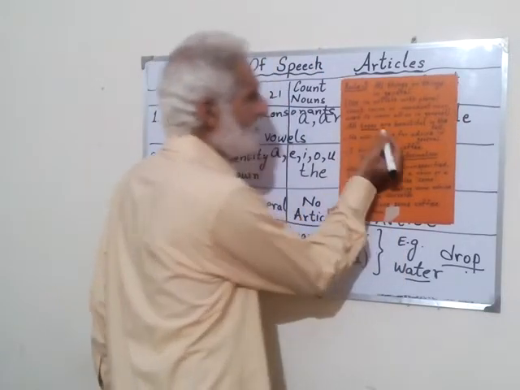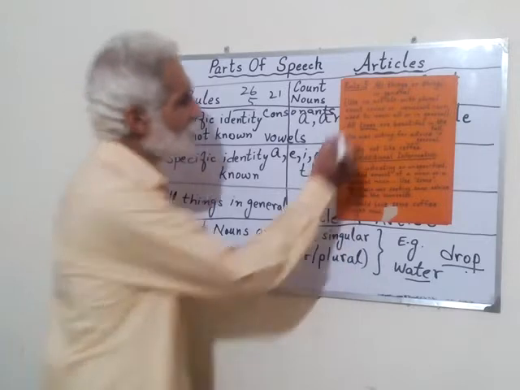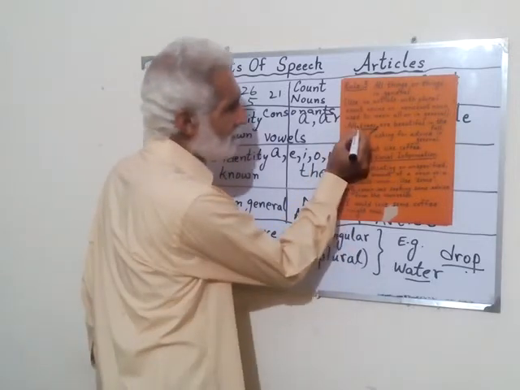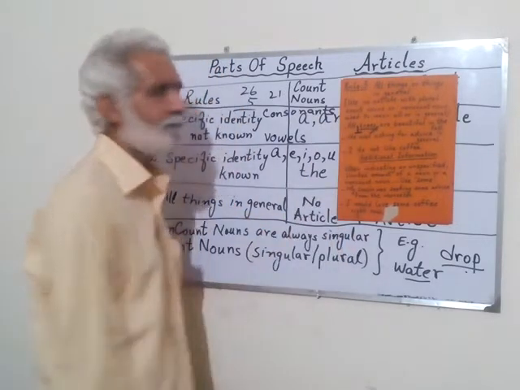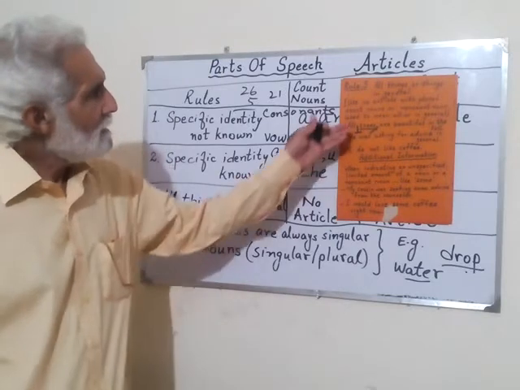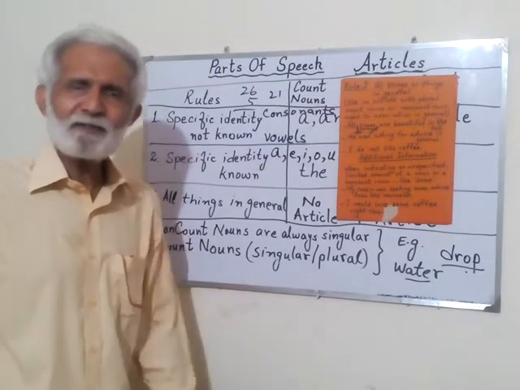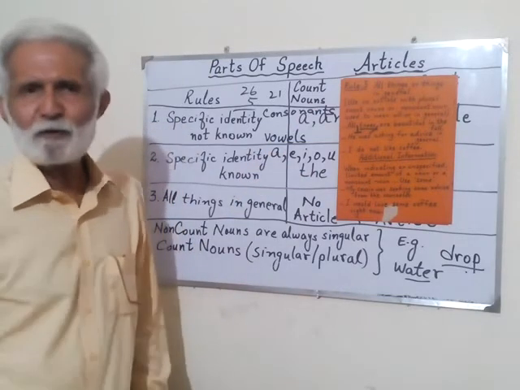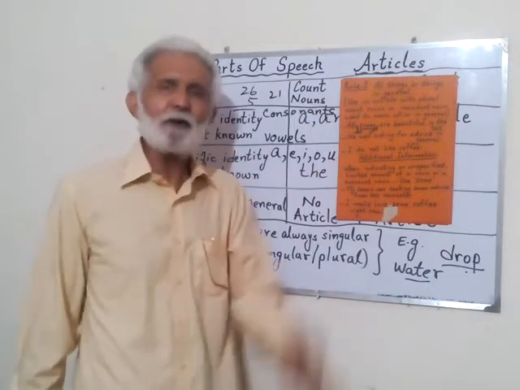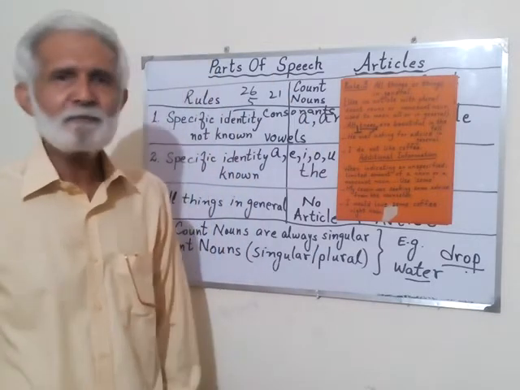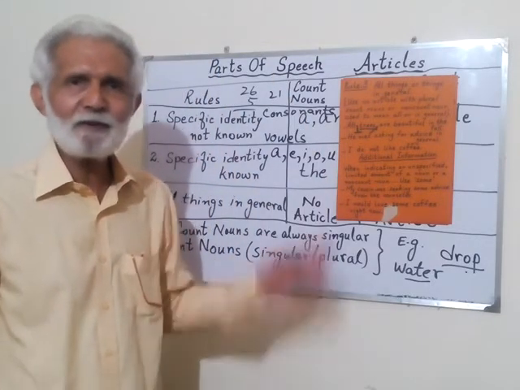Here "trees" is a noun, but in front of this noun there is no article, because generally we are speaking about trees. So "all trees are beautiful." An article will not fit.